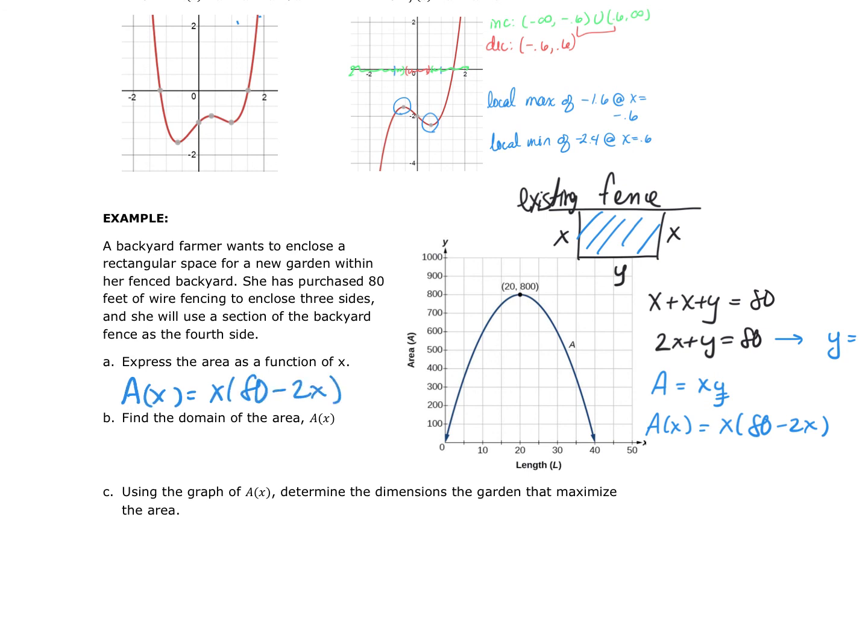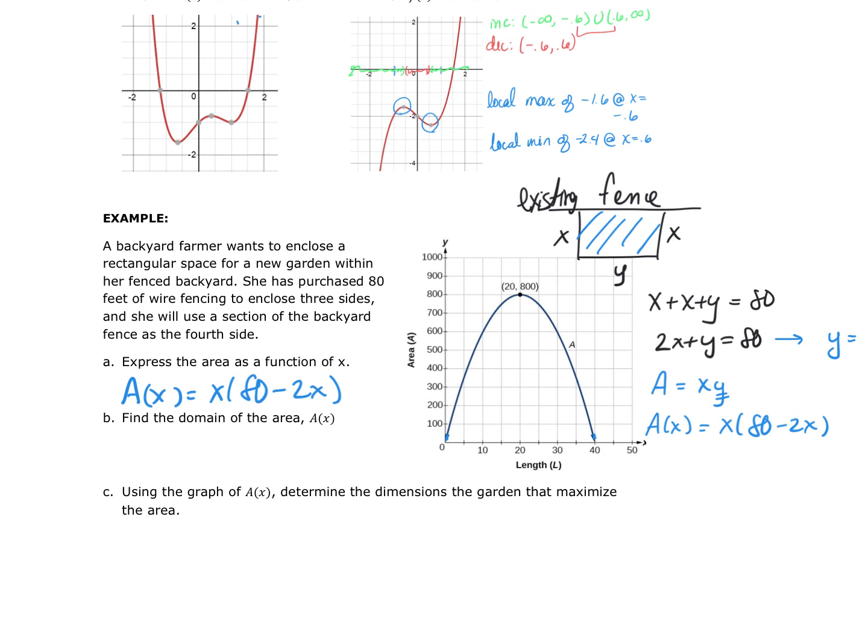Now, looking at the graph, I'm looking at the possible x values. Well, obviously, it would make no sense for this graph to go down forever, right? Because that would tell me, if I'm graphing the area, that my area is going to go negative. My outputs are the area. My inputs are the length of one of the sides.